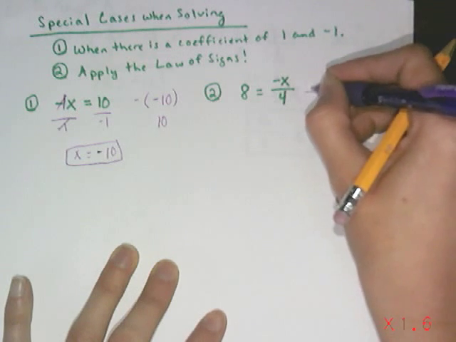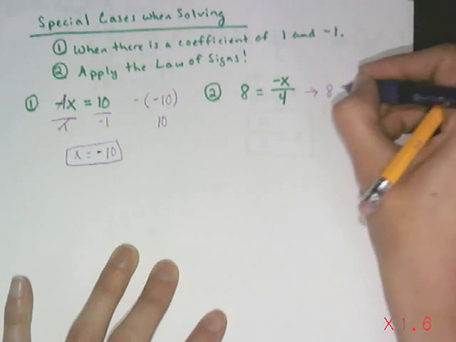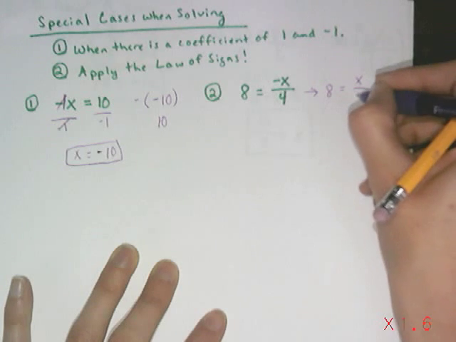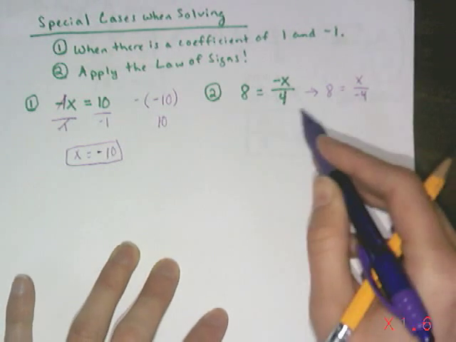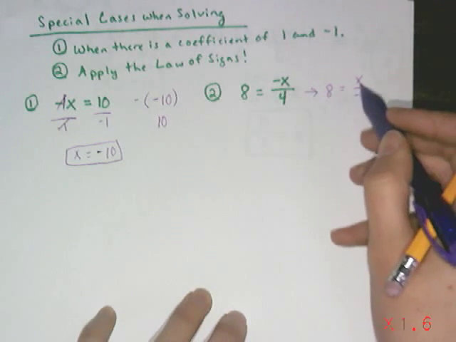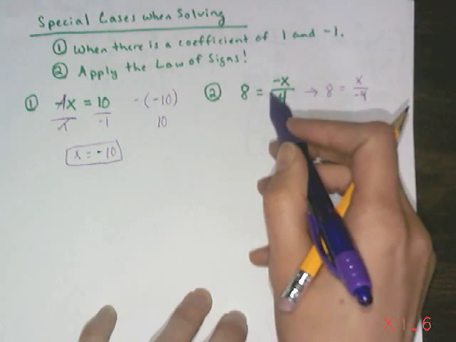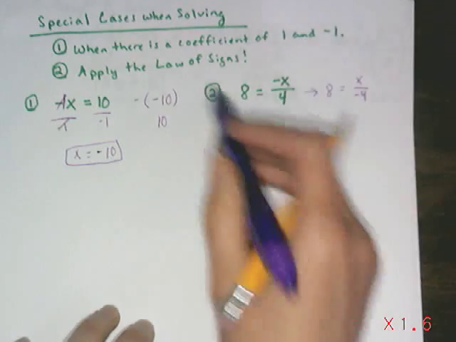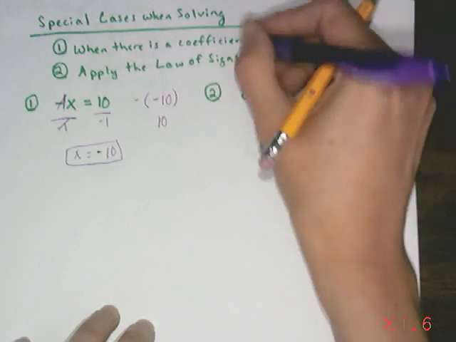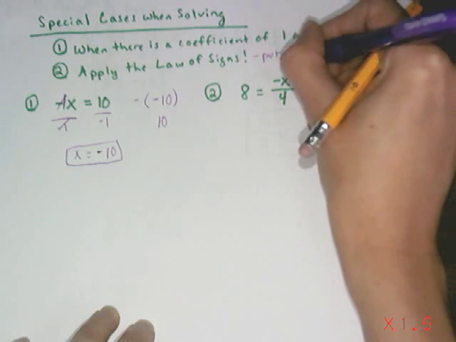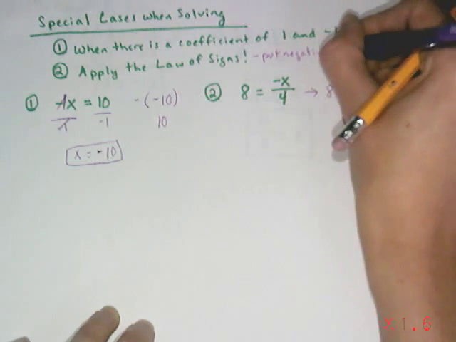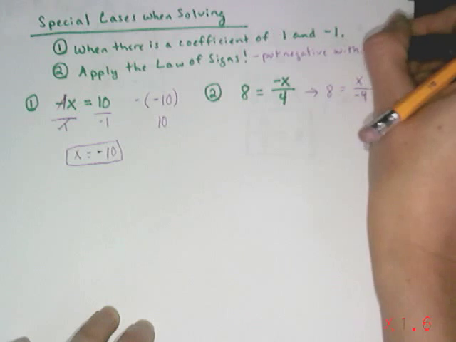So all I'm going to do is rewrite this as 8 is equal to x over negative 4. Because the law of signs says that these are equivalent. But now when I solve for x, I am in fact solving for x and not its opposite. So when it happens, apply the law of signs to put the negative with the non-variable.